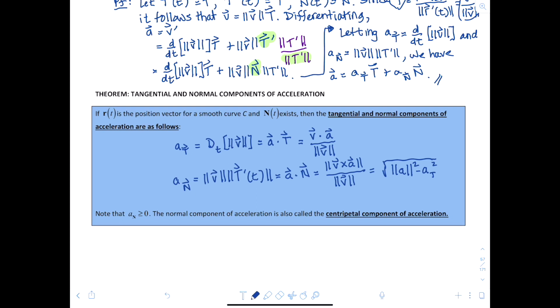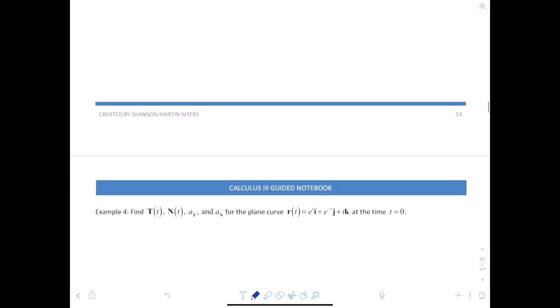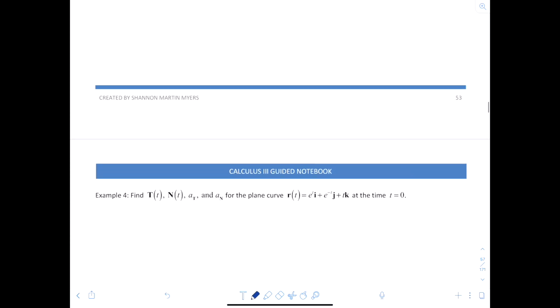Note that a sub N is greater than or equal to 0. So the normal component of acceleration is also called the centripetal component of acceleration. Cool, cool? All right, so here we go.